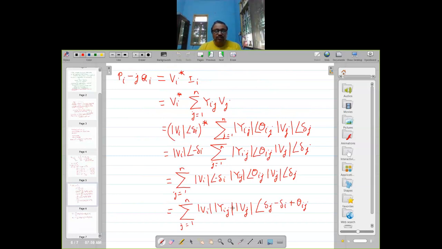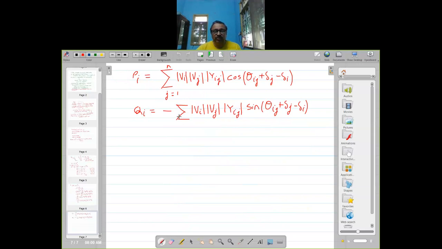Cos of this gives the real part and sine of this gives the imaginary part, but that imaginary part is equal to minus Qi. Minus jQi is equal to the imaginary part. So Qi is minus of this sine of delta j minus delta i plus theta ij, and here also j equal to 1 to n.